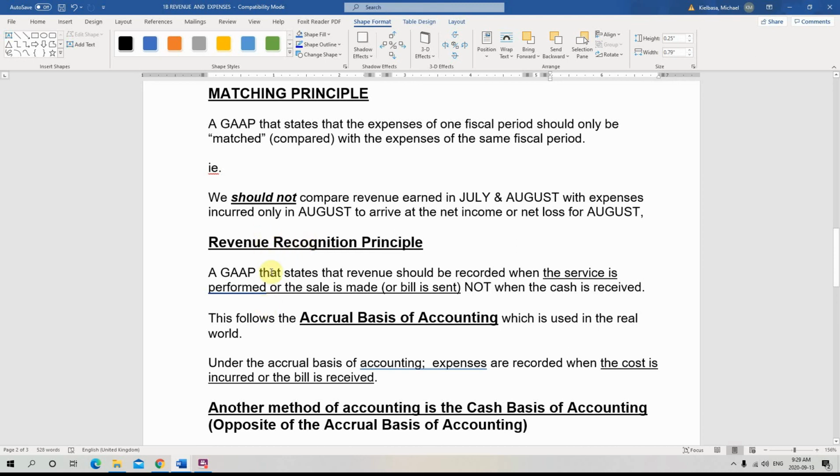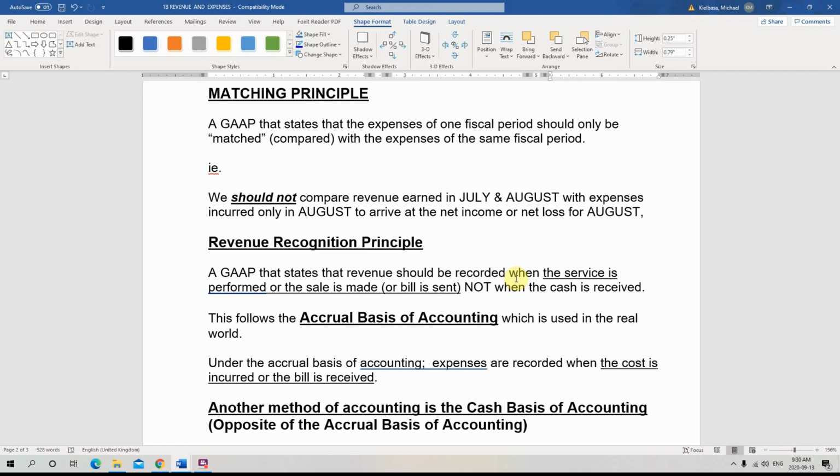Now in accounting, the revenue recognition principle basically states that the revenue should be recorded when the service is performed or the sale is made, or in some cases the bill is sent, not necessarily when we get the cash. So basically we're going to record revenue when we perform the work or send the bill, okay? Not necessarily when we get the cash.